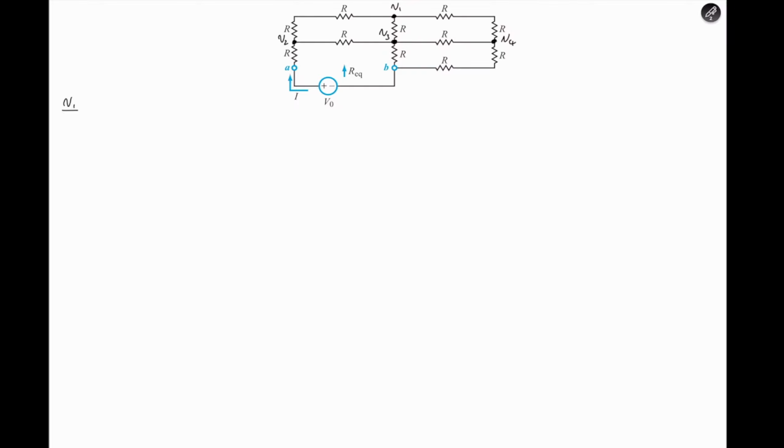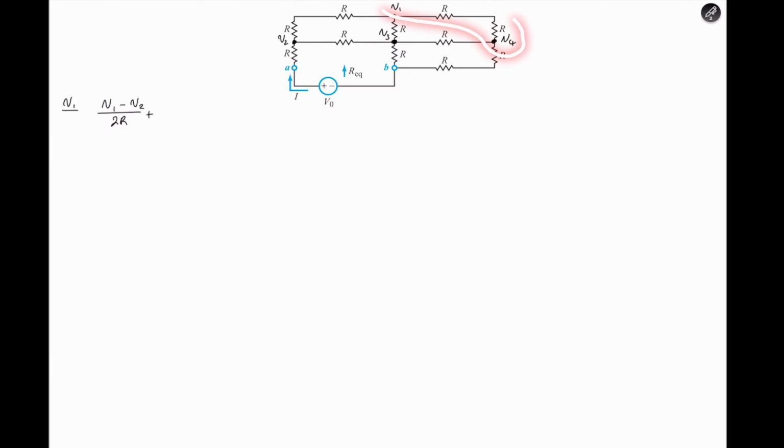We see that V1 with reference to V2, we're taking V1 minus V2, so that is V1 minus V2 all over 2R, because we have R plus R.